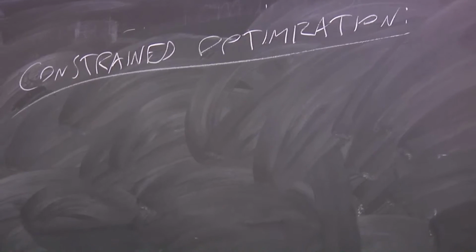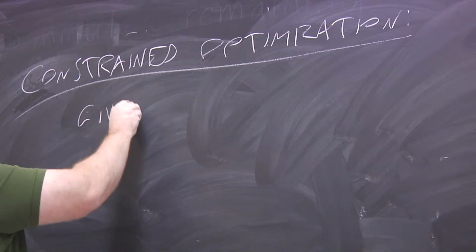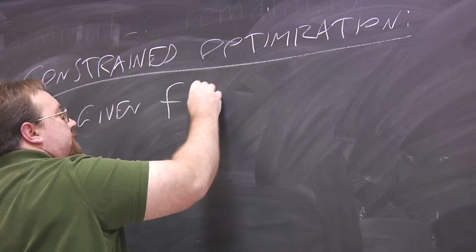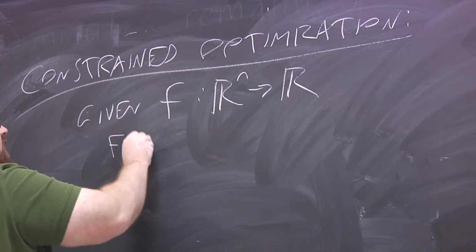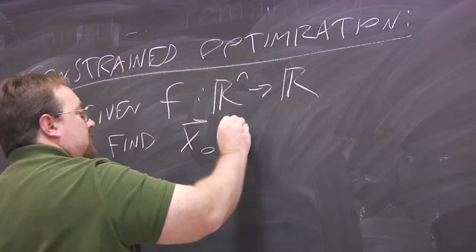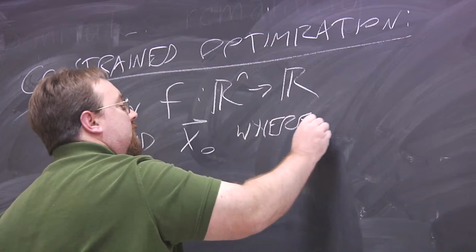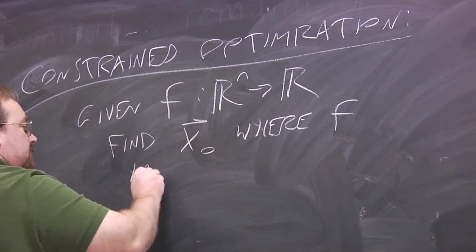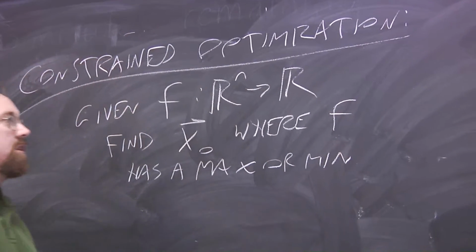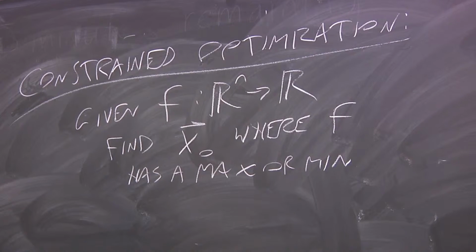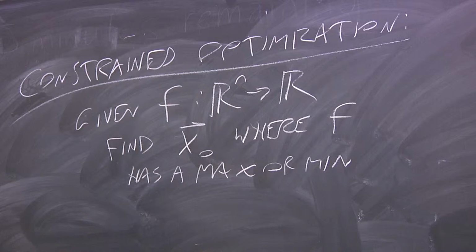The idea is, given a function f with n variables, you want to find a point where f has a max or min, and this is why we generically call it optimization. However you want to look at it, you're trying to maximize or minimize something. Most people just talk about it as minimizing something, because to maximize f, you minimize minus f.